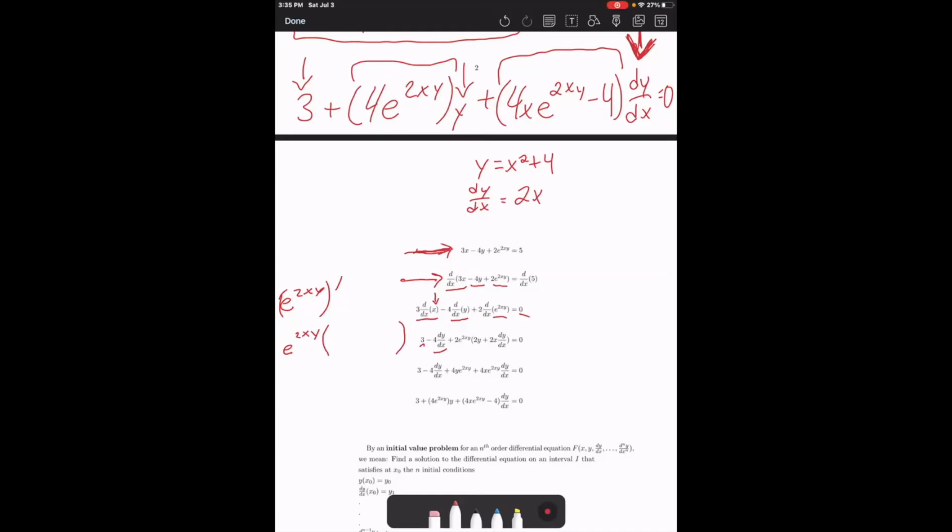Well, that's a product rule, because 2 times x times y is a product of 2 functions, those 2 functions being 2x and y. So the derivative of 2x, if you remember your product rule, which is the derivative of fg is equal to f prime g plus g prime f.